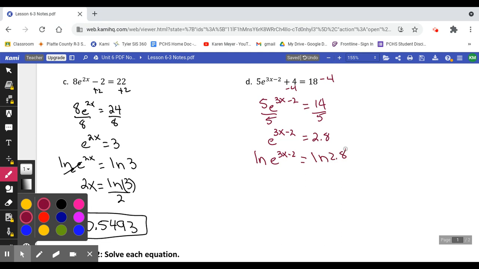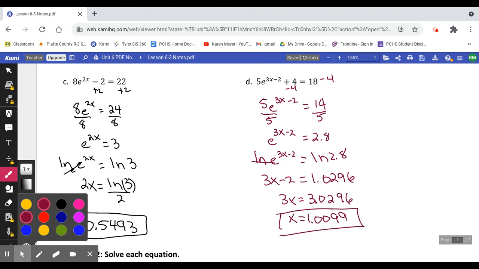And when I put an ln on both sides, ln and e cancel each other out. So I get 3x minus 2 equals, and then ln of 2.8 on my calculator is 1.0296. So add 2. So 3x equals 3.0296. Divide by 3, and I get 1.0099.